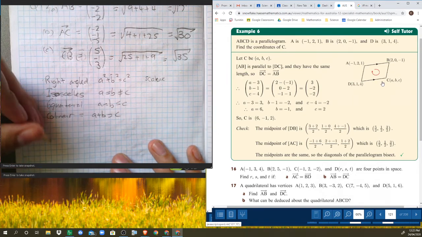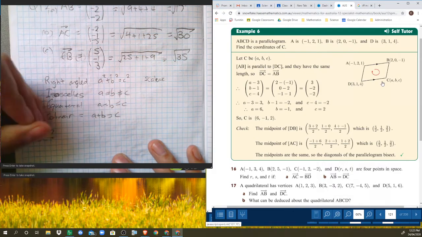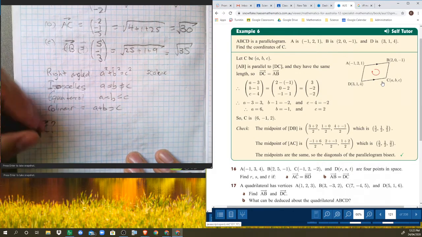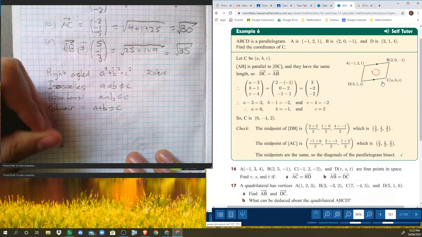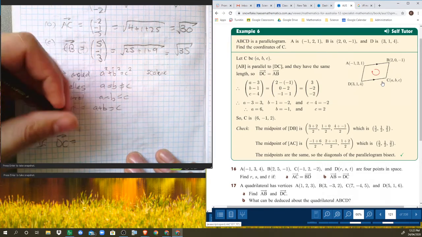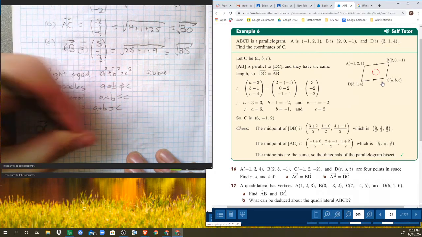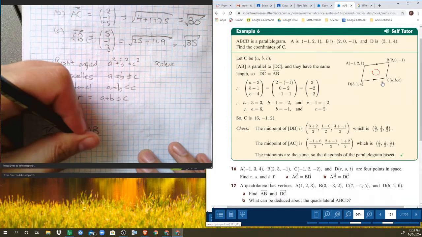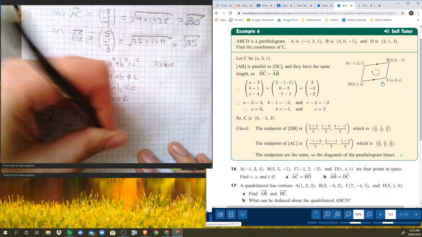If OC is not known, but DC equals AB, then OC can be written as OD plus AB.